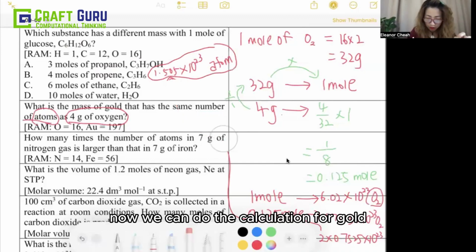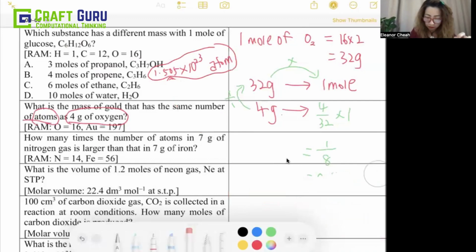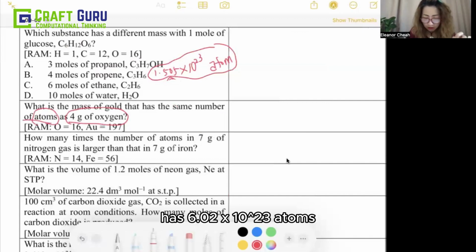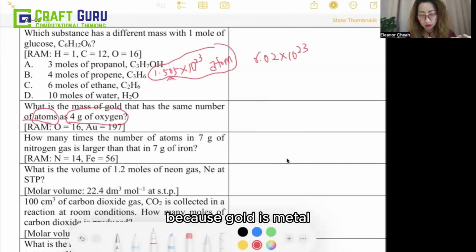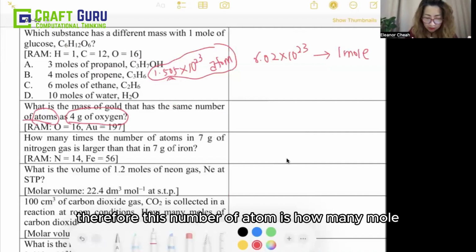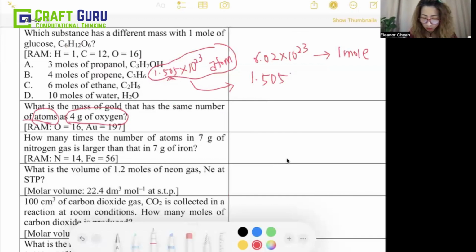Now we can do the calculation for gold. 1 mole of gold has 6.02 times 10 to the power of 23 atoms, because gold is a metal. Therefore, this number of atoms is how many mole?